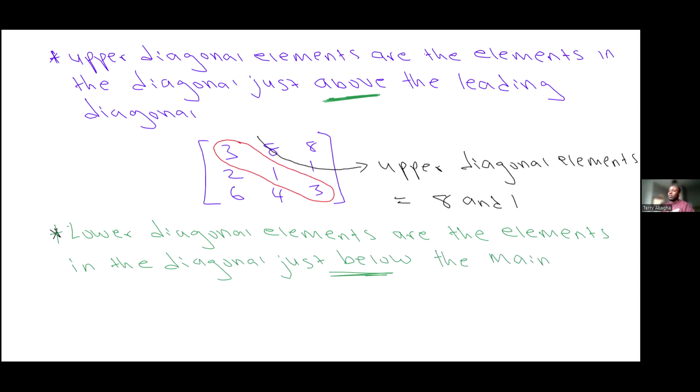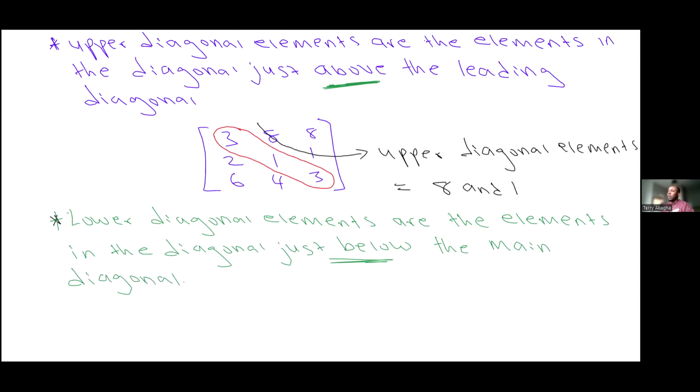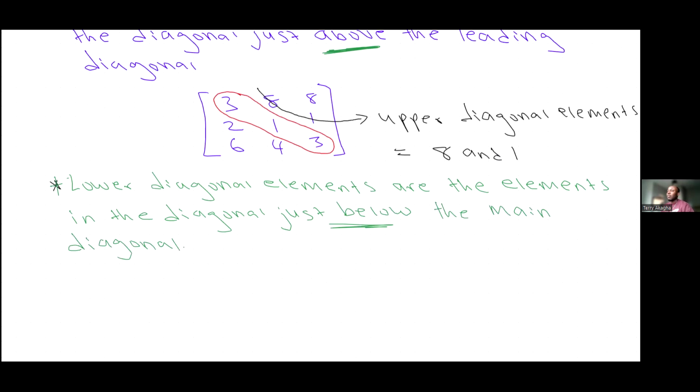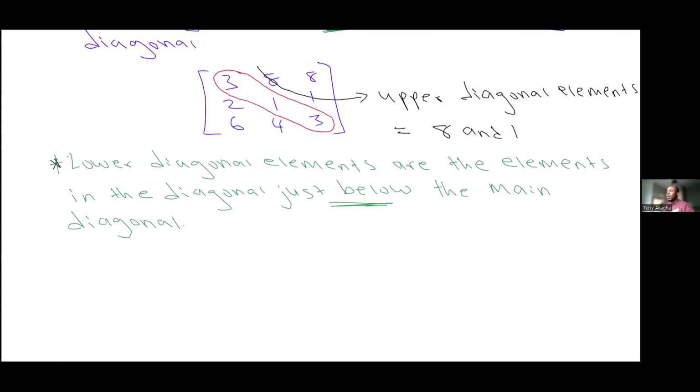So in some cases, we call it the leading, some we call it the main, it's still the same thing, all right? So if we look at that example we had, 3, 2, and 6, 8, 1, and 4. We have 8, 1, and 3, okay?